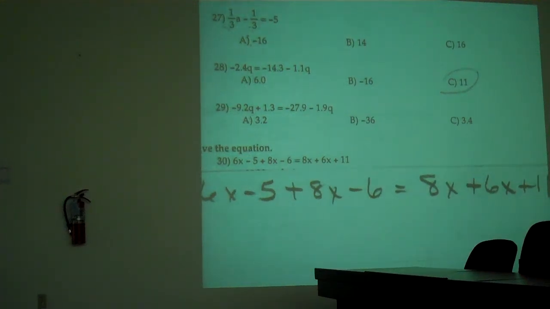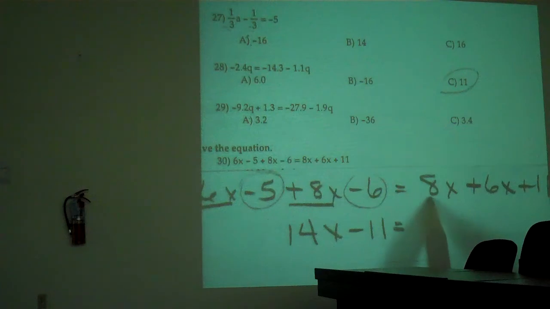Okay, so there's no parentheses, we have things we can combine. Combine like terms. 6x plus 8x, 14x. Negative 5 minus 6, negative 11. 8x plus 6x, 14x.